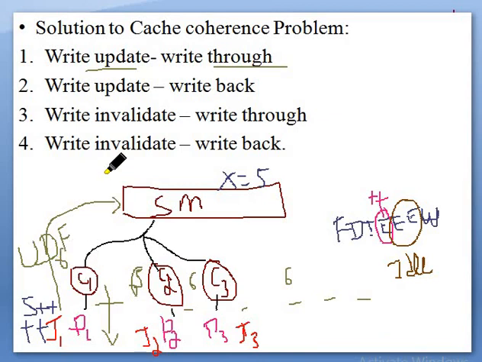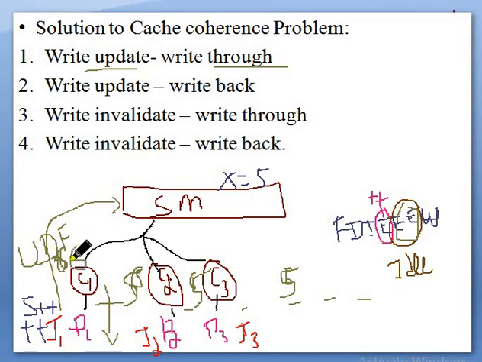Next one is write invalidate and write through. See now, the value of x after executing plus plus in job 1 is 6. If any processor requested data during this time, they will get a copy 5, not 6.